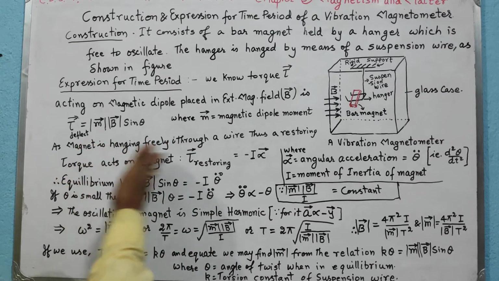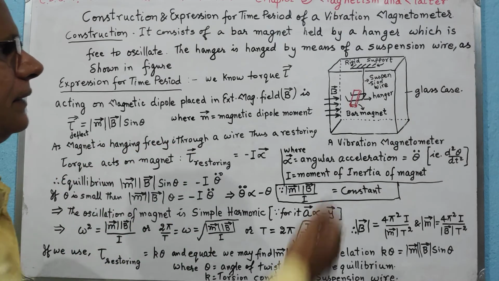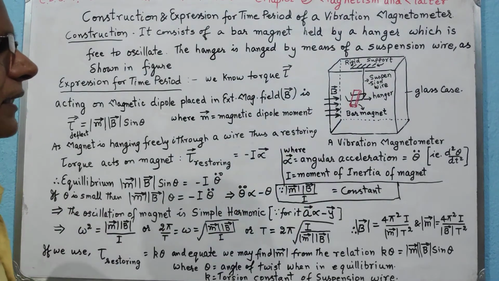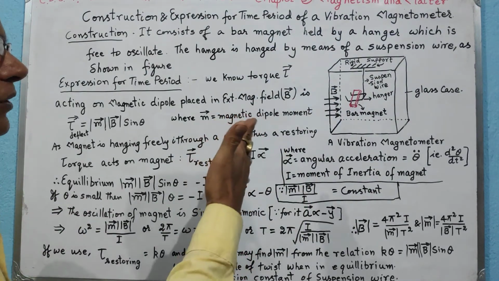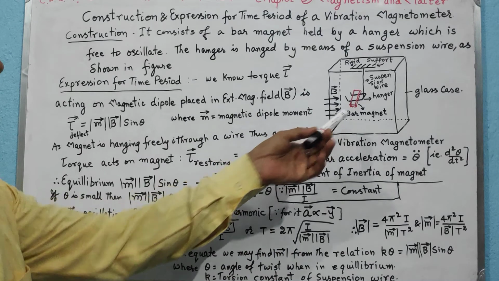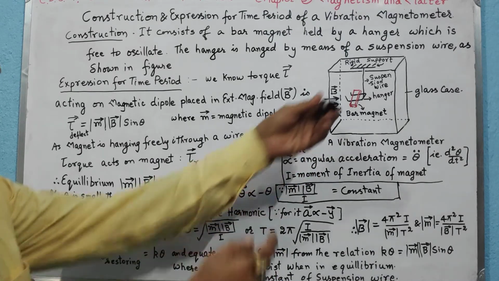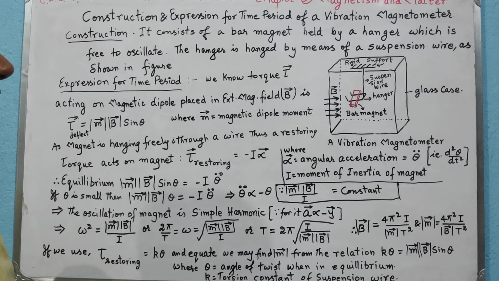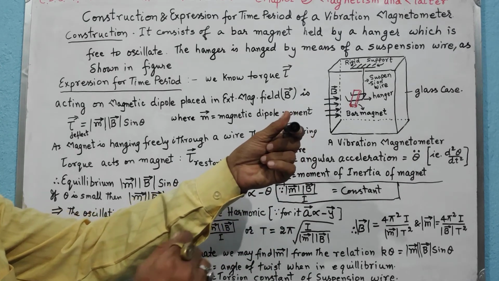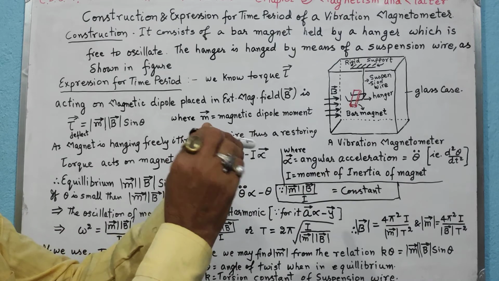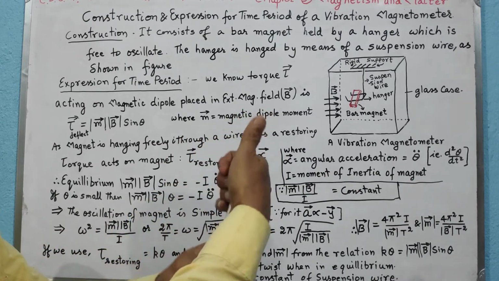Now, as the magnet is hung through a suspension wire, when the torque acts on the magnet it is forced to rotate about the axis along the wire, and that means the wire will have a certain twist in it.